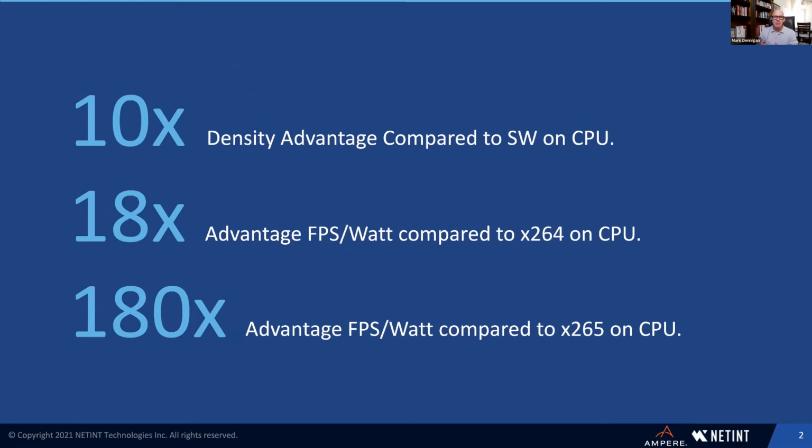Let's jump in. We're here to talk about the incredible advantage of video encoding when it's performed with ASICs, a whole new architecture: an ASIC video transcoder hosted in an ARM-based server.